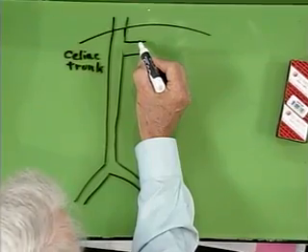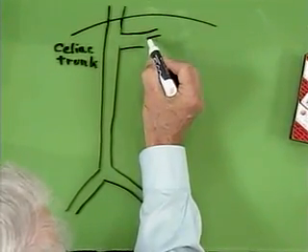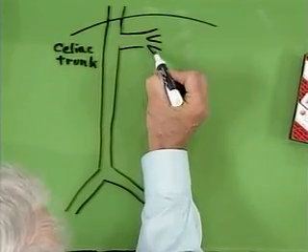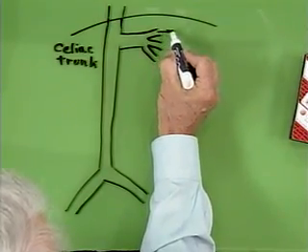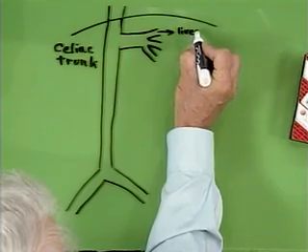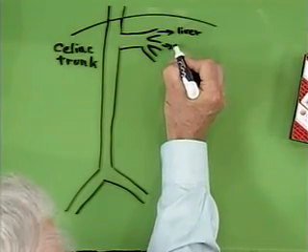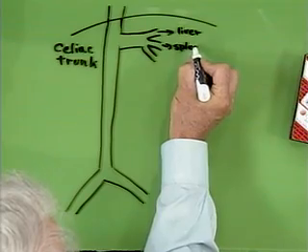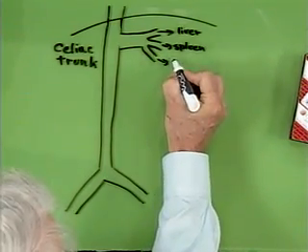The celiac trunk actually splits into 3 branches shortly after its origin, and one of these goes directly to the liver, one goes to the spleen, and one goes to the stomach.